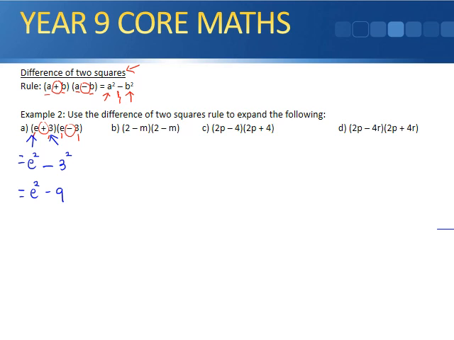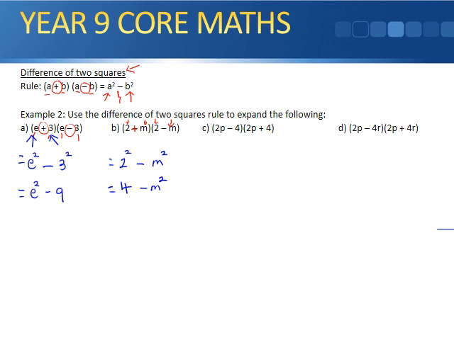For part B, again, the 2 and the 2, the m and the m. So the same bracket, but one of these should have been a plus, so I'm just going to change this one to a plus. And the other one's a minus. So it's going to be the first one squared, so 2 squared, minus the second one, which is m squared. And 2 squared, we can work out that's 4, minus m squared.